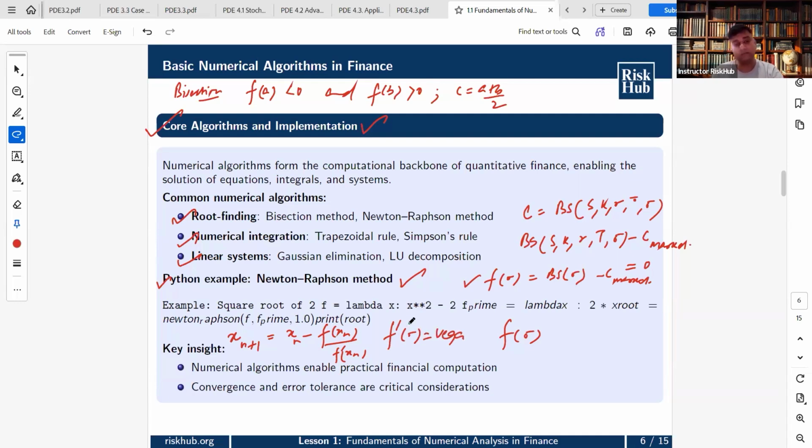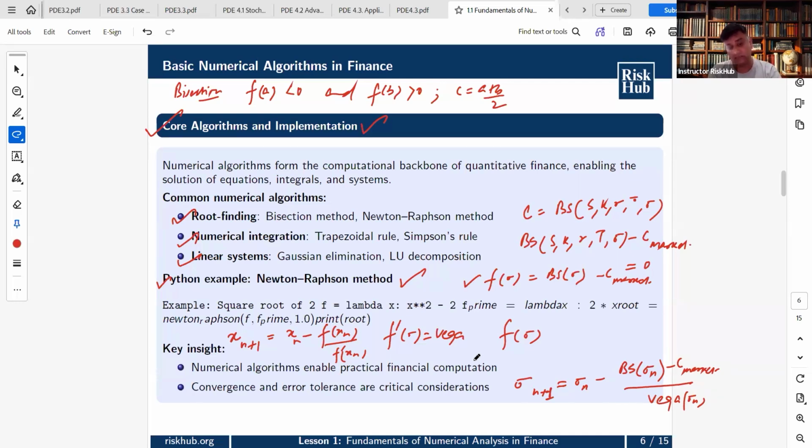So Newton-Raphson becomes sigma(n+1) equals sigma(n) minus the Black-Scholes price at sigma(n) minus the market price, divided by vega at sigma(n). This is one of the most important practical formulas in the option market.